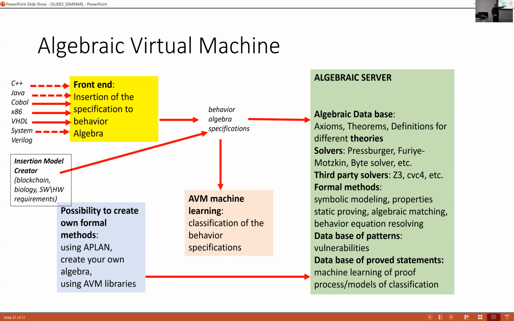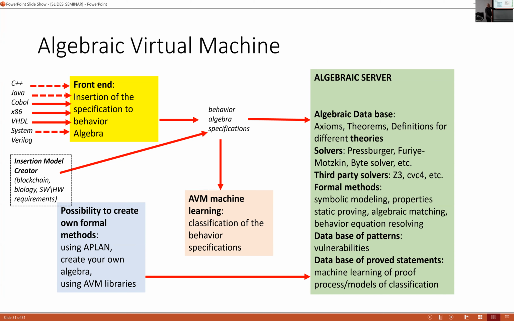The first is that we collect all algebraic modeling artifacts for the future, because we have more than 50 formal methods that can, for example, prove reachability or safety. And then using this future neural network, we can select the proper method.